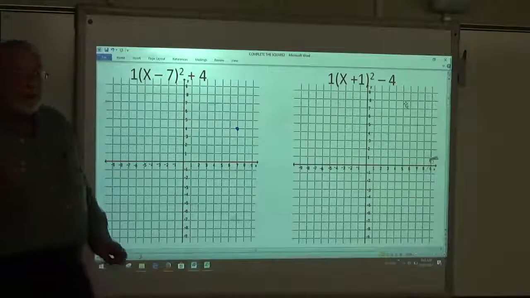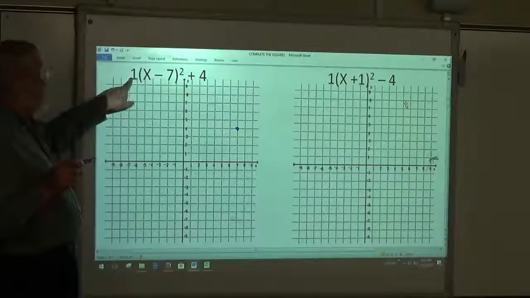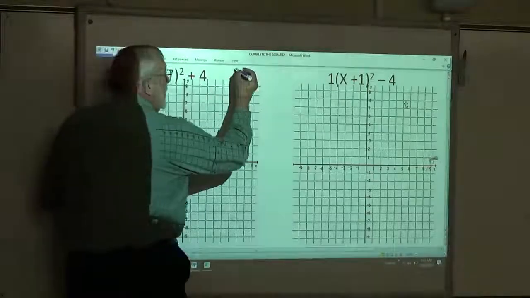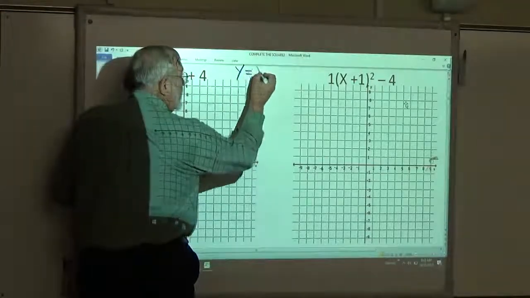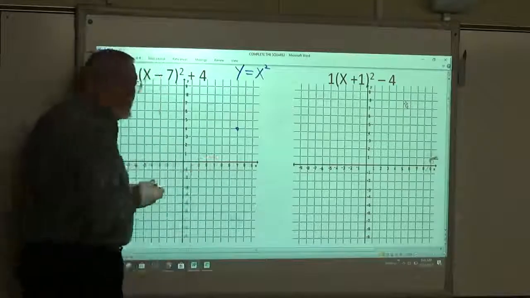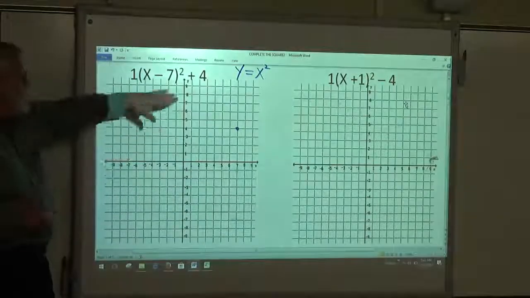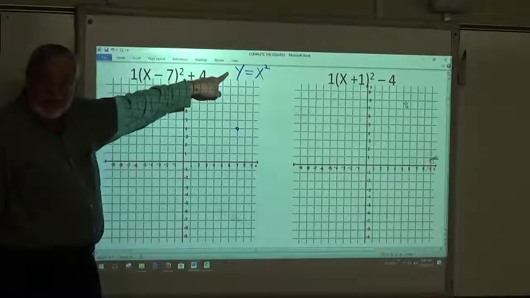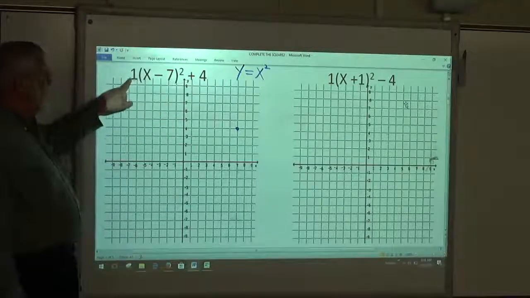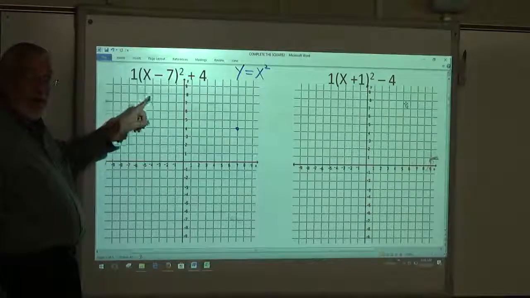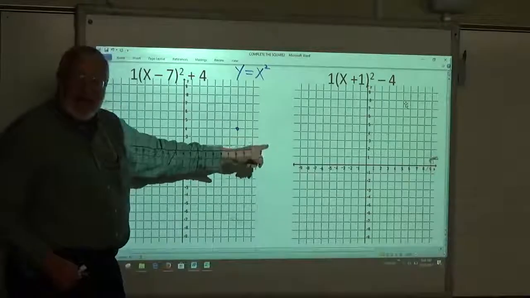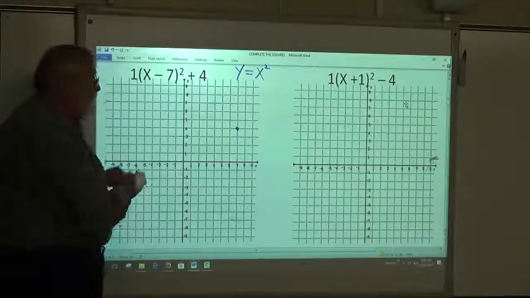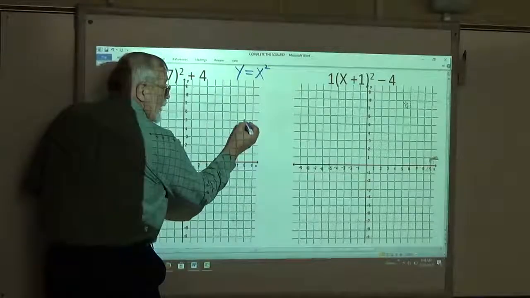Now, when this is 1, the parent graph is y equals x squared. This is just one of the children of this parent graph. As long as this is 1, what is 1 squared? 1. So if I go over 1, I go up 1.